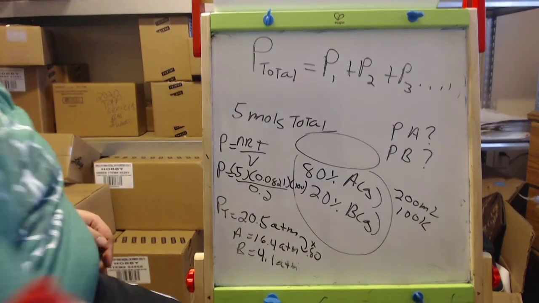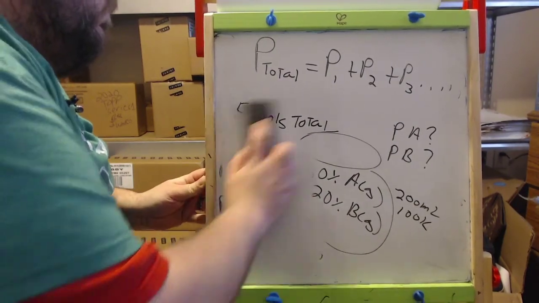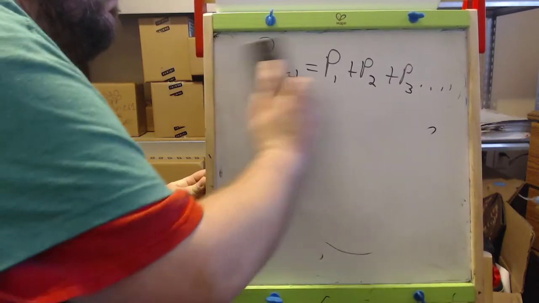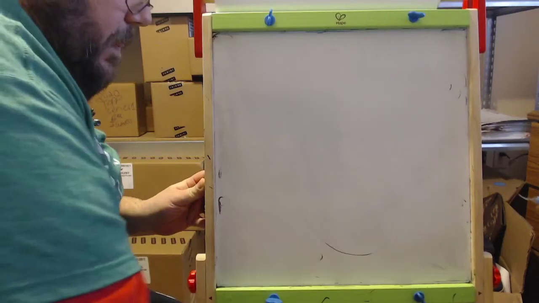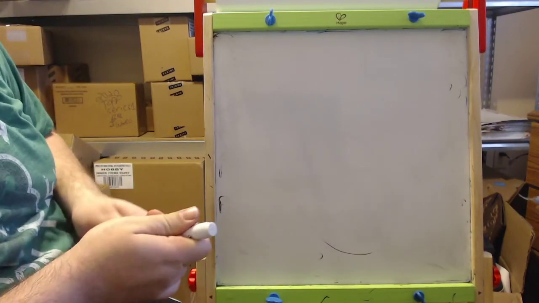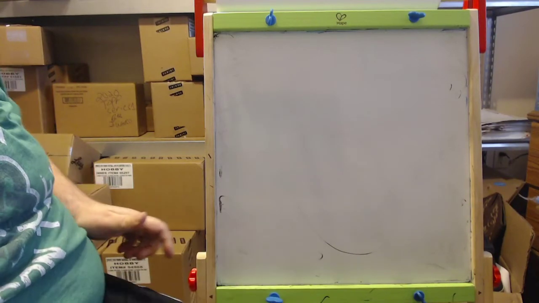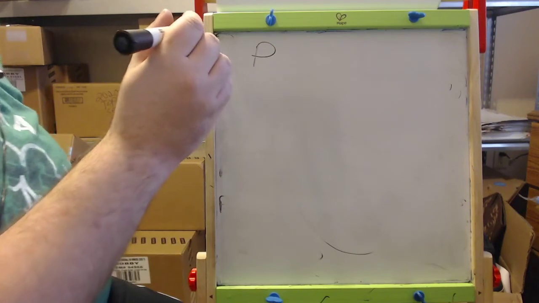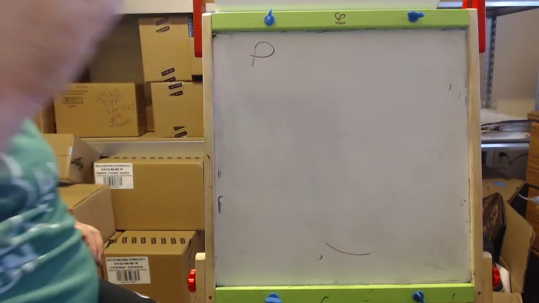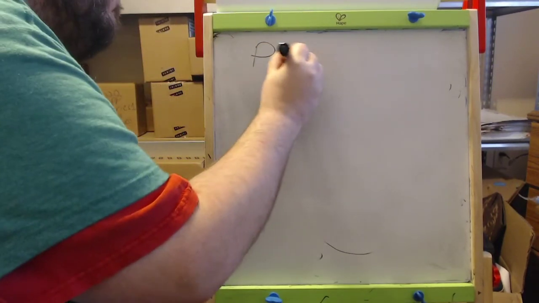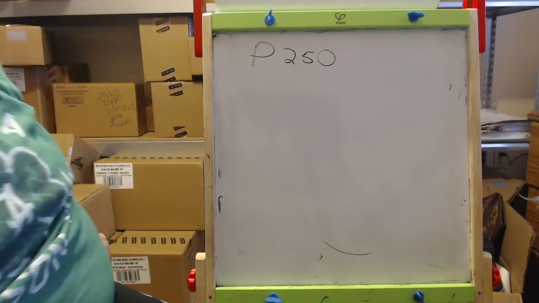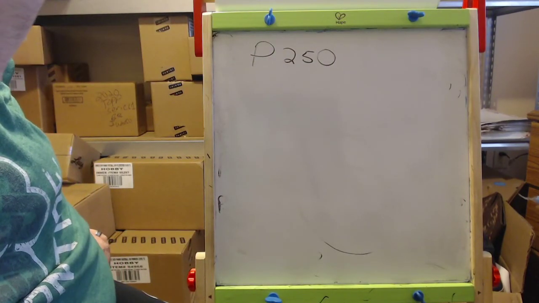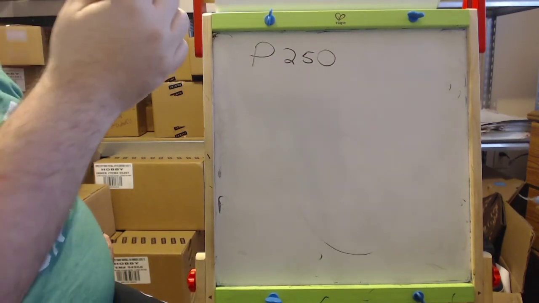So for homework, stoichiometry. Page 250, 5.53 to 5.56.